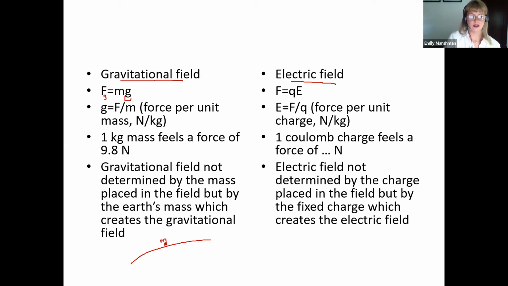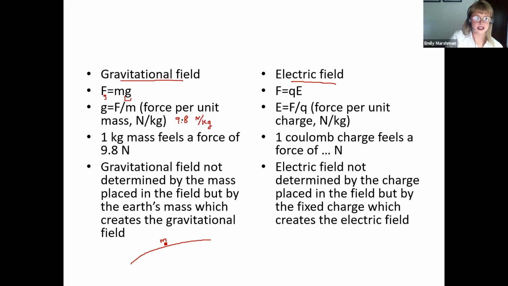If I place a 1 kilogram mass right here at the surface of the Earth, it's going to feel a force of 9.8 newtons. g is 9.8 newtons per kilogram.